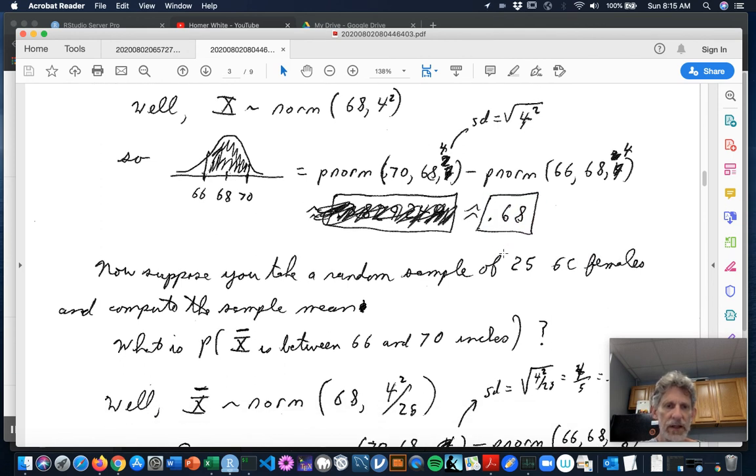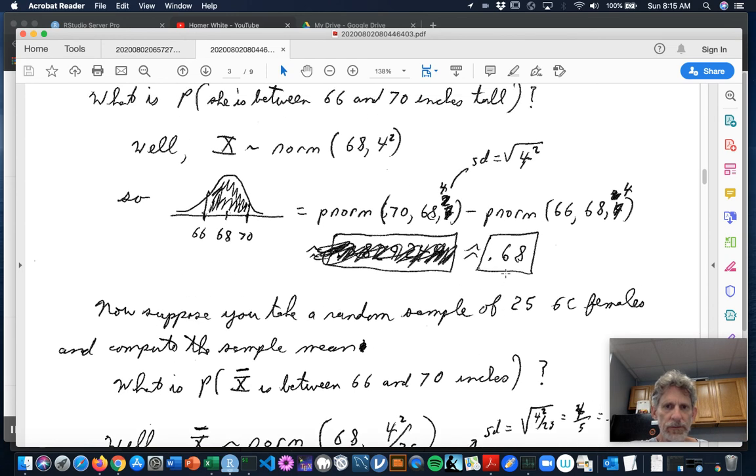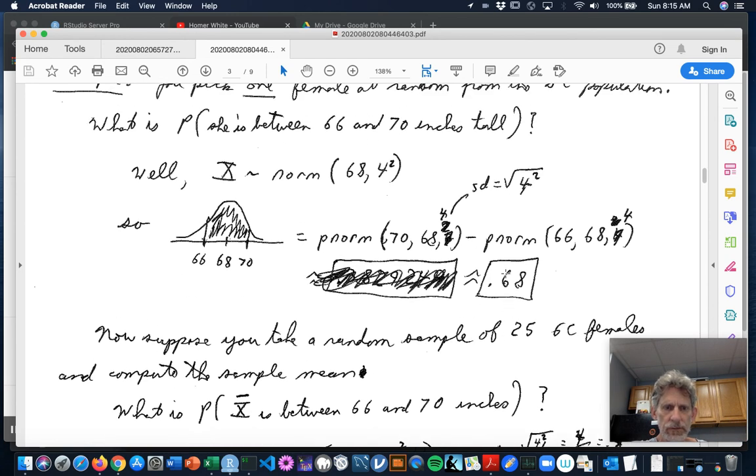Now, so that's a pretty decent chance to come in within, that seems wrong. Why is that wrong? 70, 66. That is just wrong.